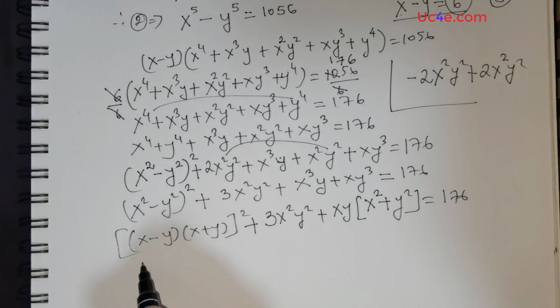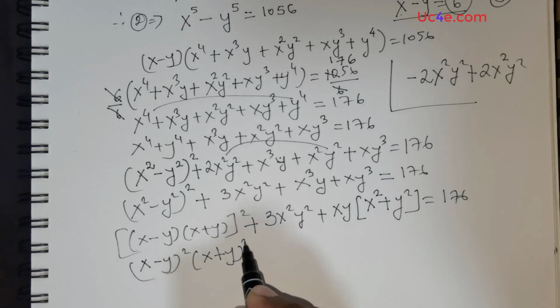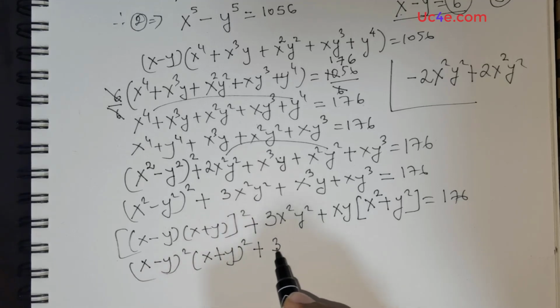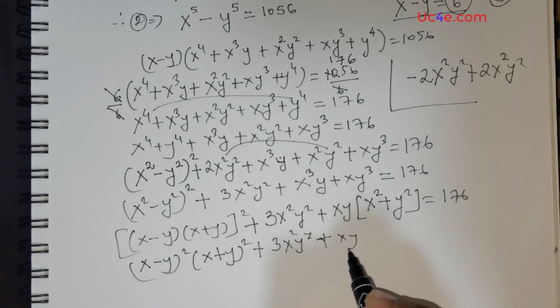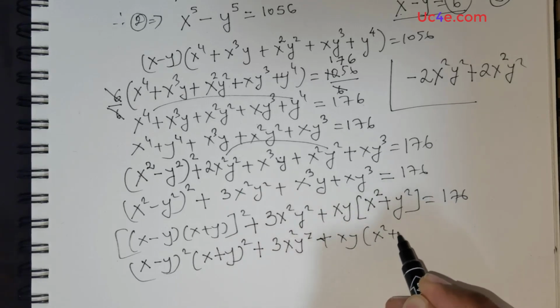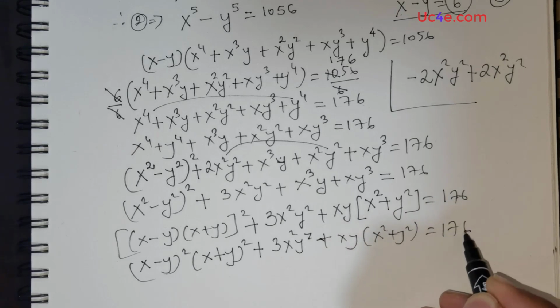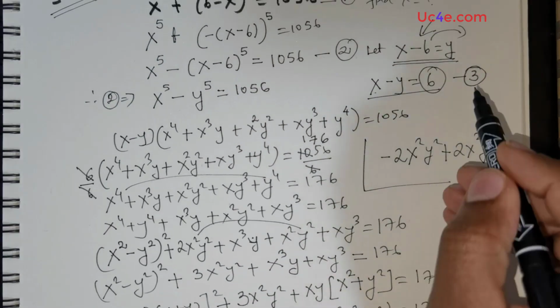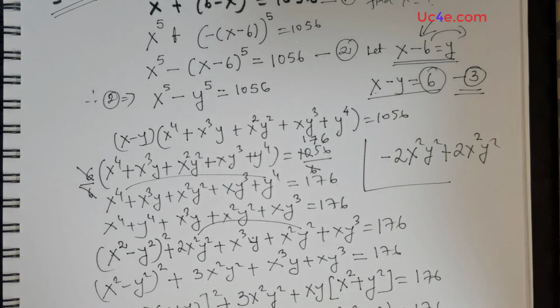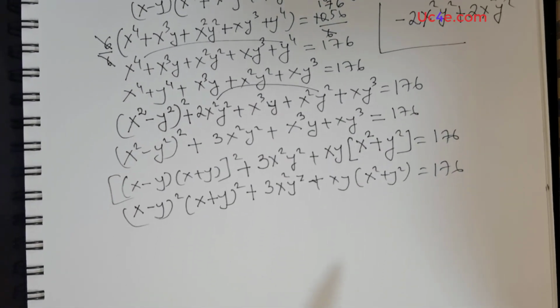Now this can be rewritten as x negative y raised to the power of 2 times x positive y raised to the power of 2 positive 3 times x squared y squared positive xy times x squared positive y squared is equal to 176. Now what is this? X minus y. Clearly we can substitute the system from 3. X minus y is equal to 6.